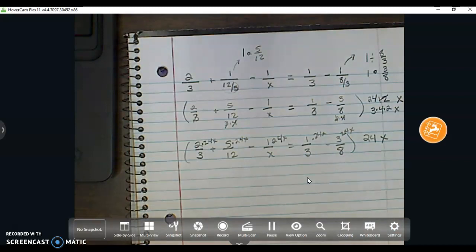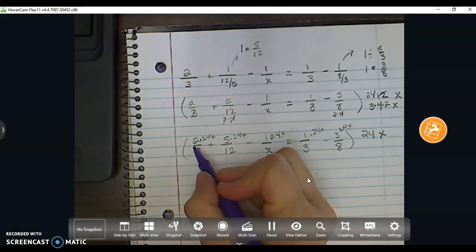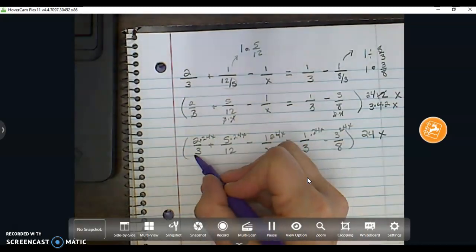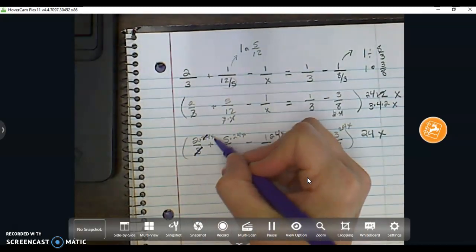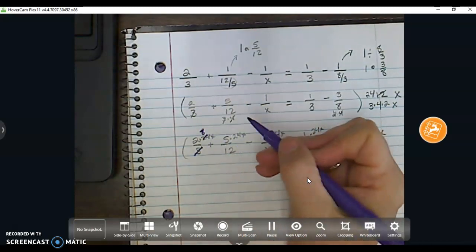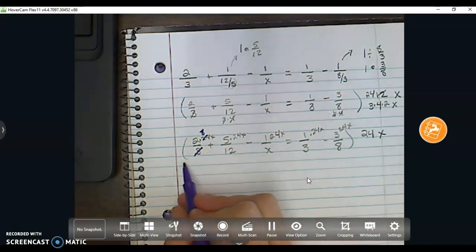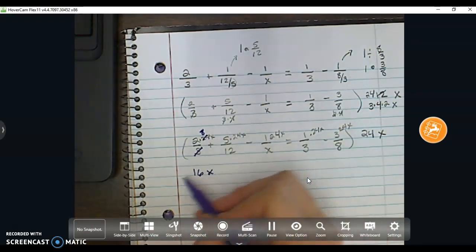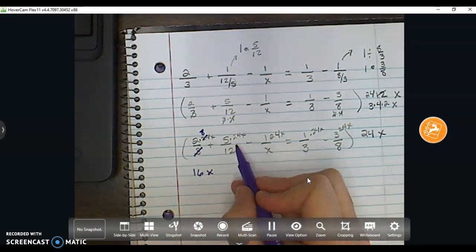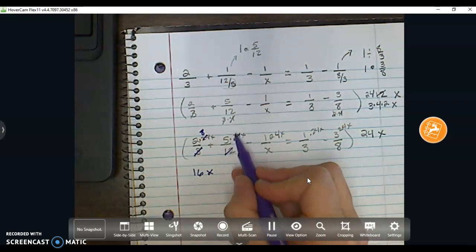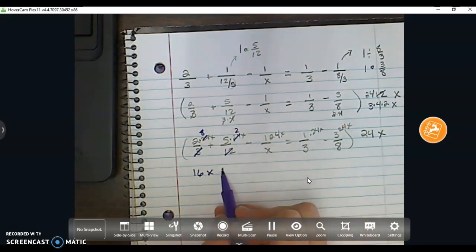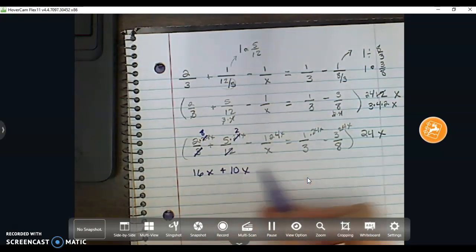And once you do that, you know that factors on the top can cancel with factors at the bottom. So 3 would go into the 24 8 times. So that would be 2 times 8, or 16 with an x. No more denominator. The 12 will go into 24 2 times, so that becomes 10x.